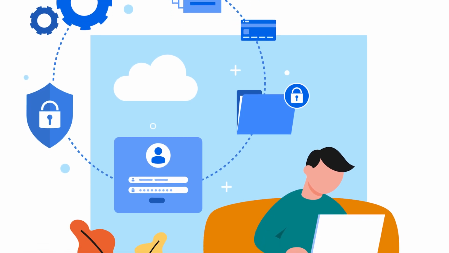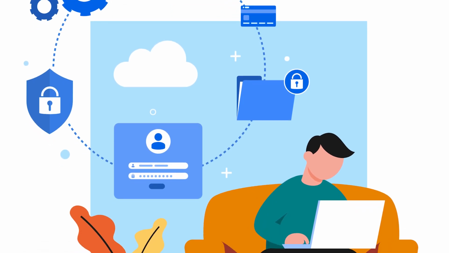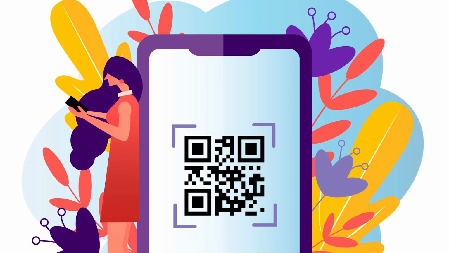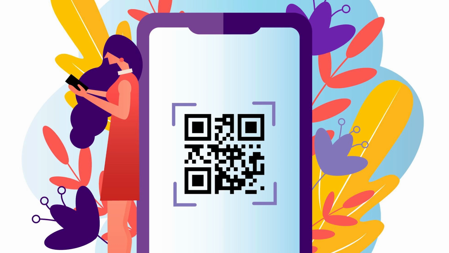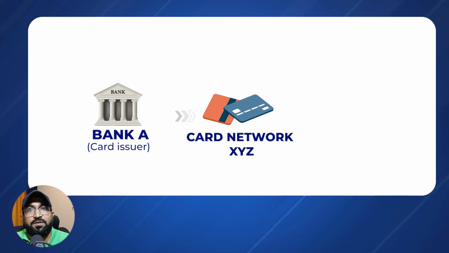So what will happen is, bank A will check that they are connecting with only XYZ, but they are not able to identify this QR code which belongs to card network ABC or ADEF or whatever it is. They are simply not able to identify the AID. Therefore, they will still forward this transaction to card network XYZ only, because they are connecting with XYZ.